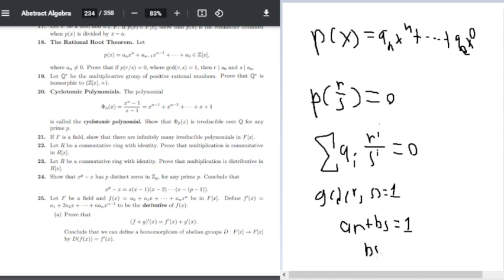So we can write b s is equal to 1 minus a r. Oh gosh, I just don't get it.